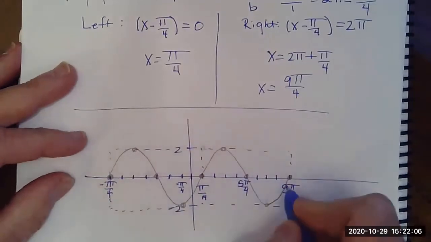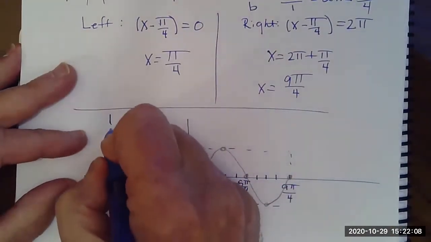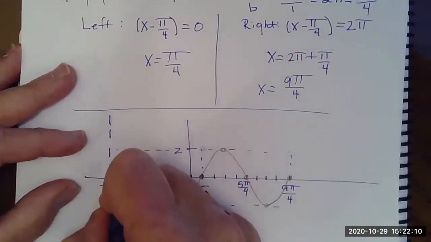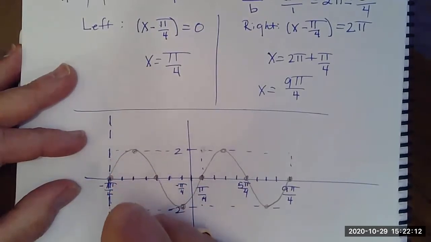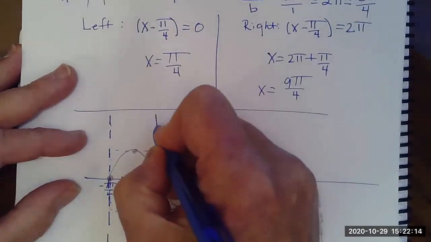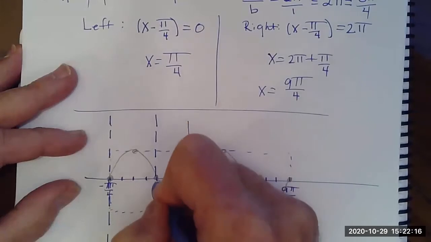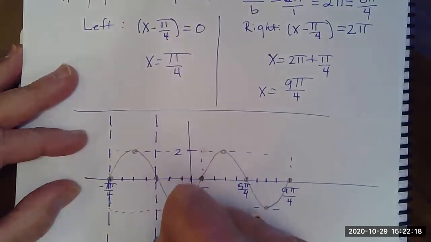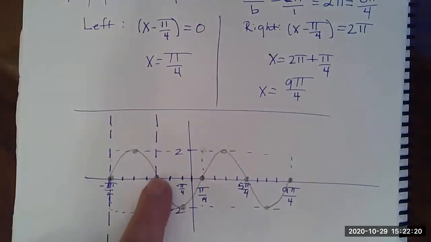Wherever there are x-intercepts, that's where the vertical asymptotes are. How do you know, Jeff? Well, watch this. That's supposed to be negative 3 pi over 4 right there.